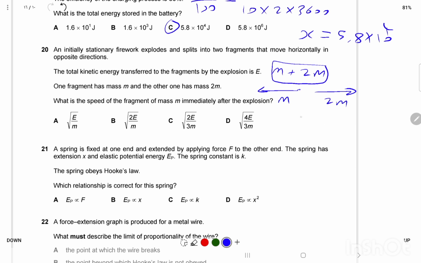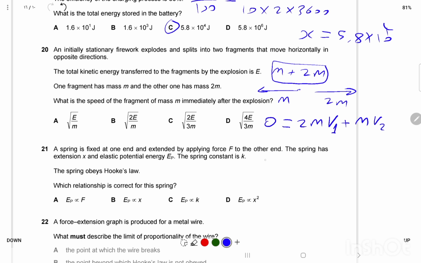Momentum before the explosion equals momentum after the explosion. Momentum before is 0, because it was at rest. Momentum after is mass times velocity. So 0 is equal to 2m times its velocity, let's say v1, plus m times its velocity, which is v2.